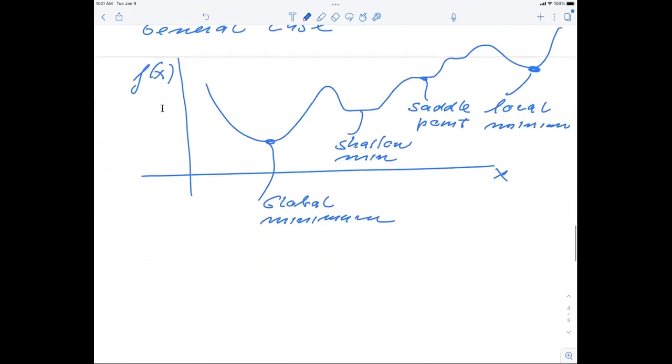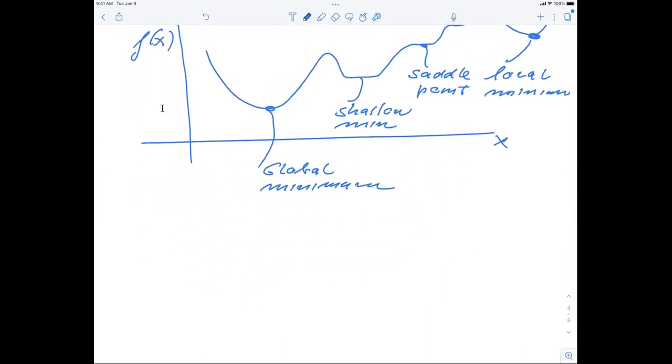Now, another quantity I want to introduce to you is the second derivative of this function. So the second derivative of f with respect to the variables x_i and x_j. This is a function which is called the Hessian function, and it defines a matrix.